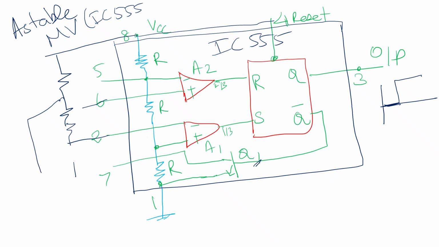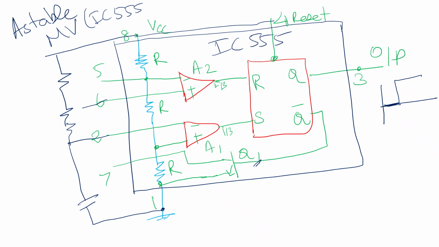The biasing of these two resistors are connected to the seventh terminal, and the other end of these resistors are connected to a capacitor.